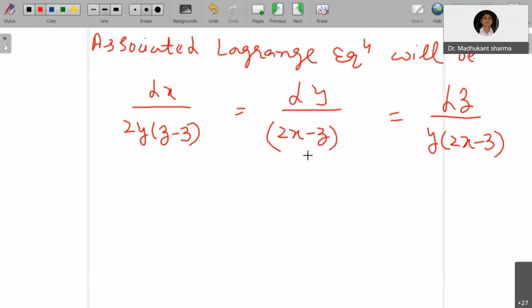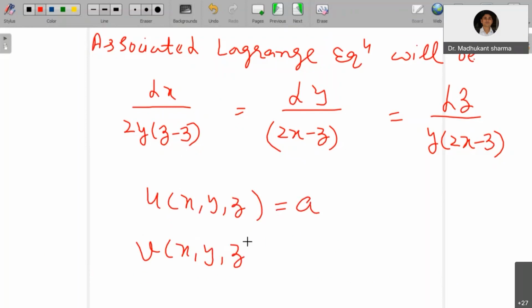Now I'm leaving it to all of you to choose which pair you should use. Some of you should suggest. We wish to solve this problem, which means we are supposed to identify two families of solutions, u of x, y, z equals a and v of x, y, z equals b. Which pair or which linear combination do you wish to start with?